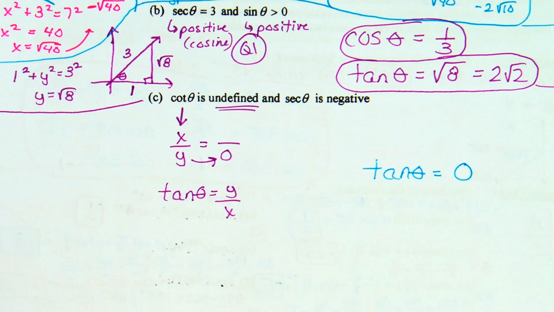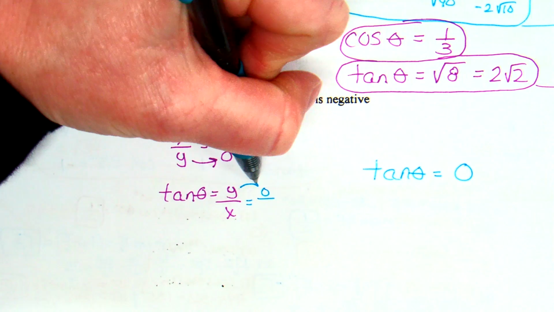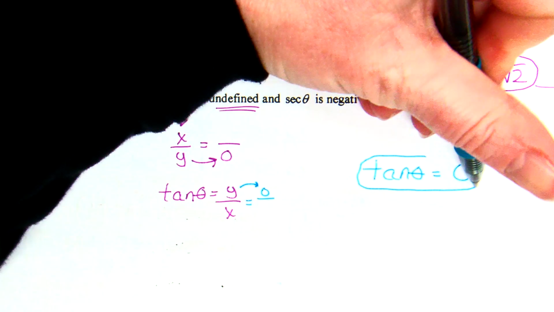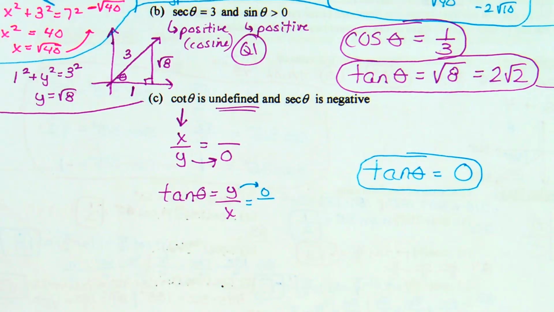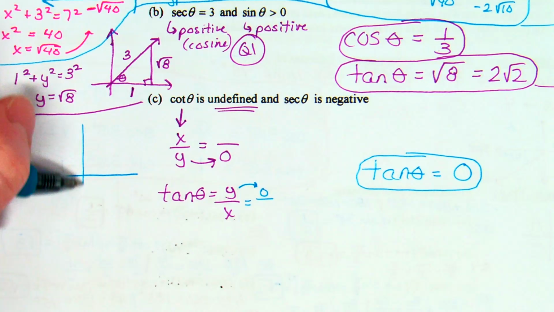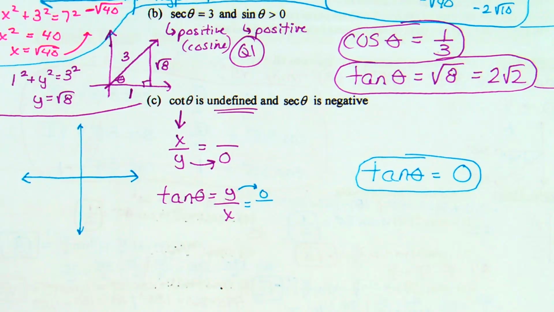Does that make sense? I'm getting some quietness here. Because tangent would be 0 over something. And 0 over something is 0. Now, where did these zeros happen, guys? Do you remember? Zeros happened when we were on what types of angles? The quadrantal angles? 90, 180, 270, 360? 0, 1.